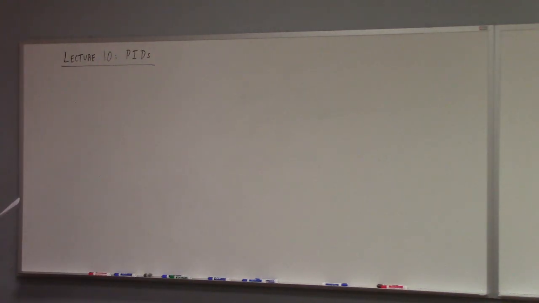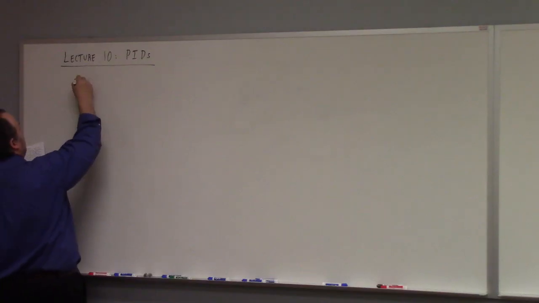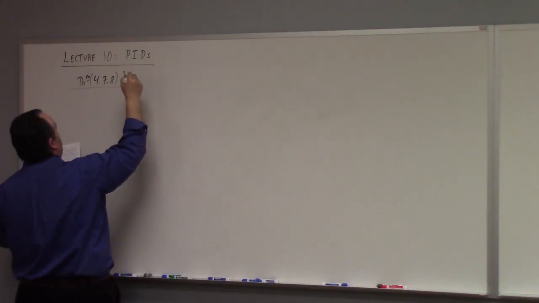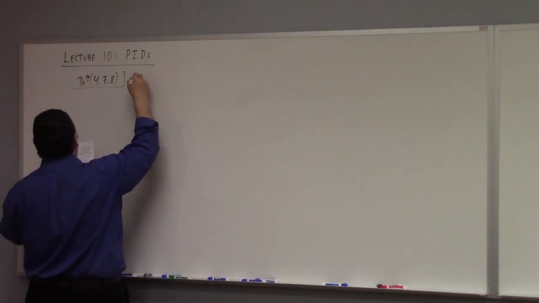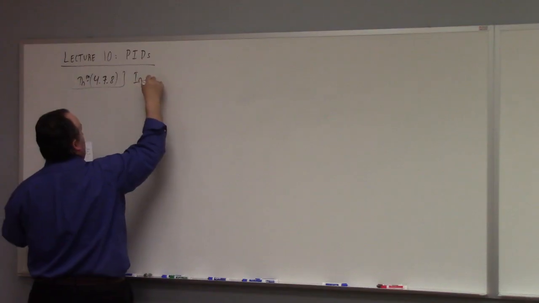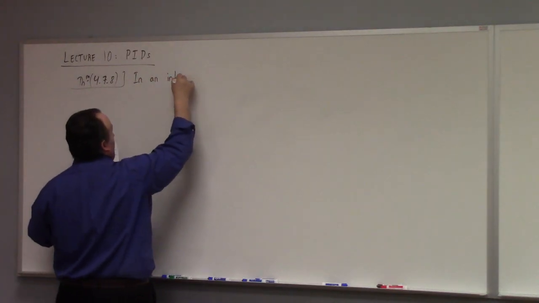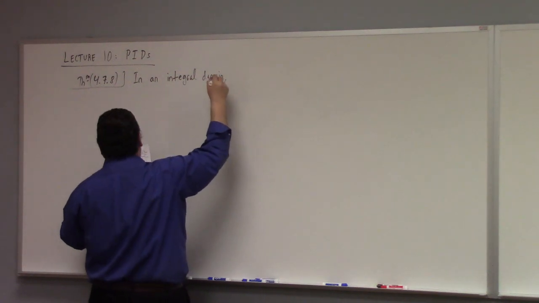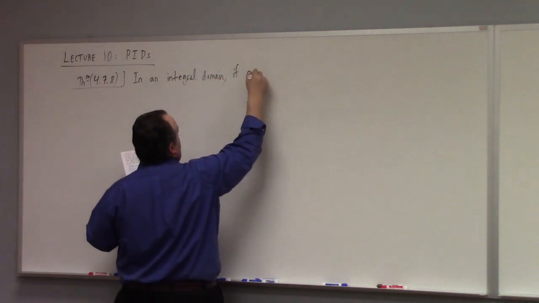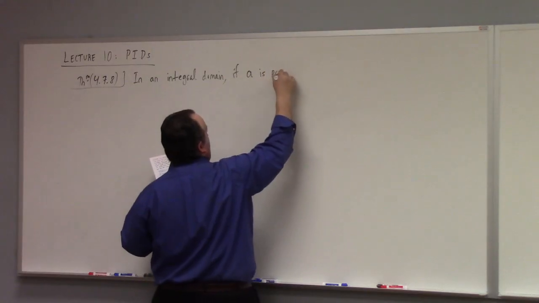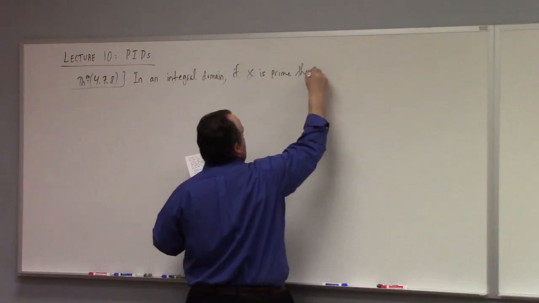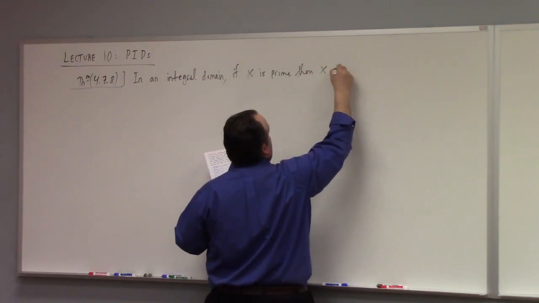Now, I should remind you guys, last time we proved theorem 4.78, which simply stated that in an integral domain, all right, that's our context, if x is prime, then x is irreducible.